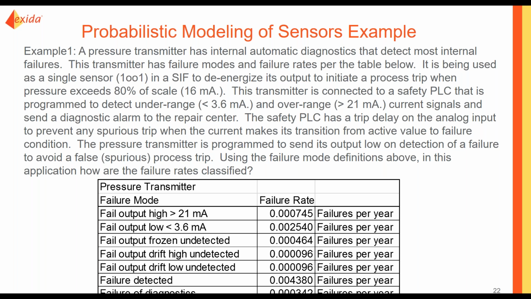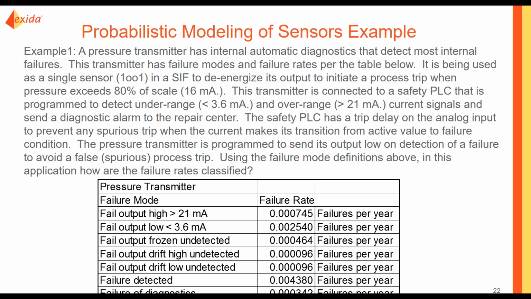This transmitter is connected to a safety PLC that is programmed to detect underrange at 3.6 or lower, or overrange at 21 or greater current signals, and sends a diagnostic alarm to the repair crew. The safety PLC has a trip delay on analog input to prevent any spurious trip when the current makes its transition from active value to failure condition.